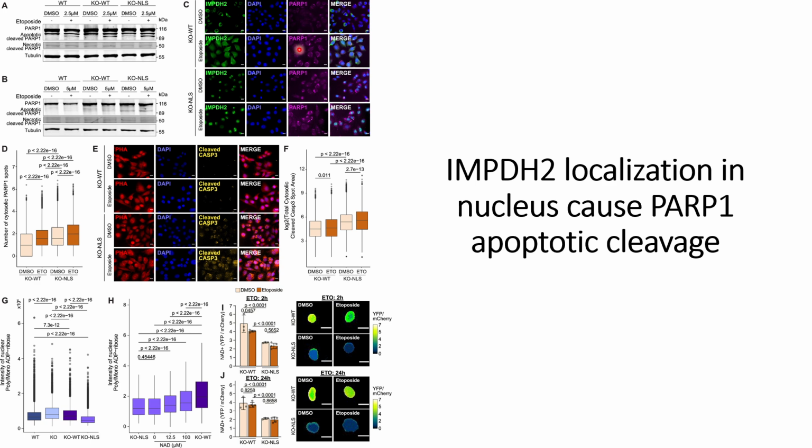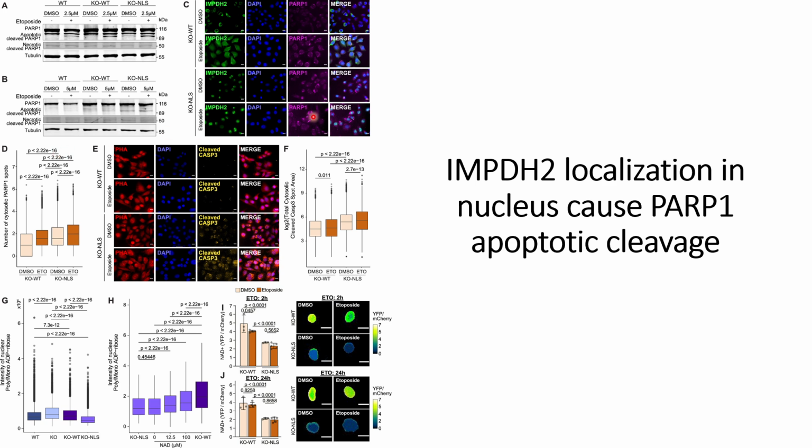This indicates that the PARP1 presence in the knockout cells that are treated with the NLS is higher, whereas these knockout cells that are treated with wild type IMPDH2 do not have too much PARP1 signal, and these signals are for the cleaved PARP1.